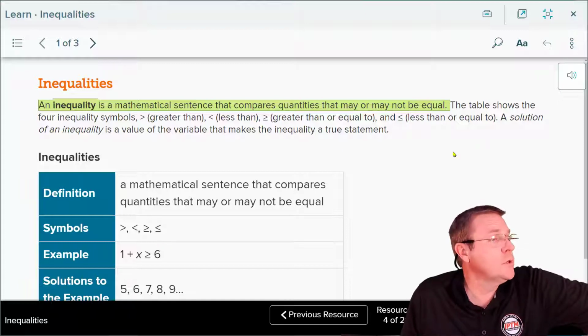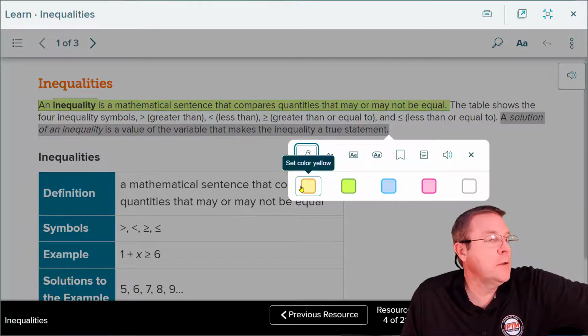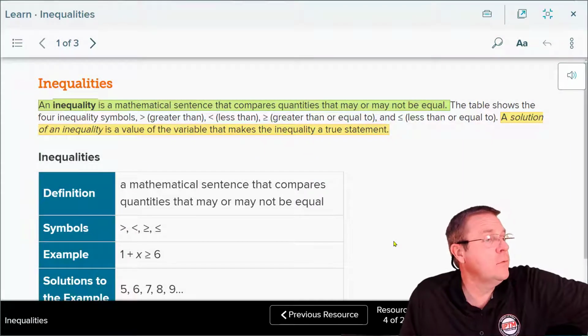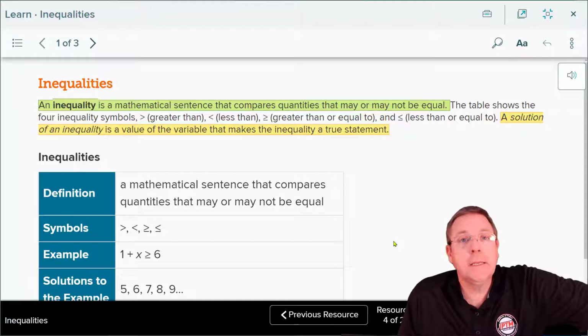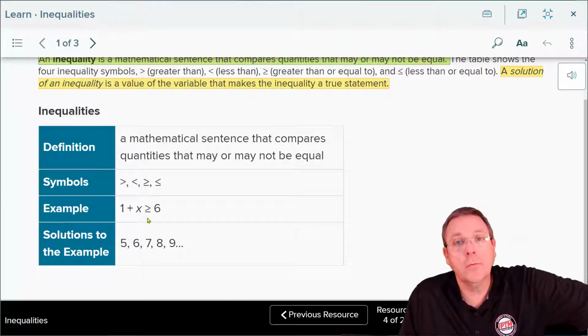A solution of an inequality, this is important here, is any value of the variable that makes the inequality a true statement. So for example here, x plus 1 is greater than or equal to 6. That means x would be any number that you would add to 1 that would give you a value that is greater than or equal to 6.